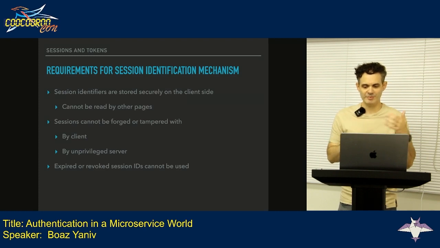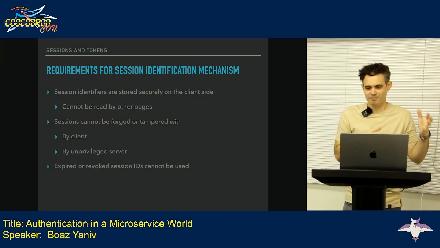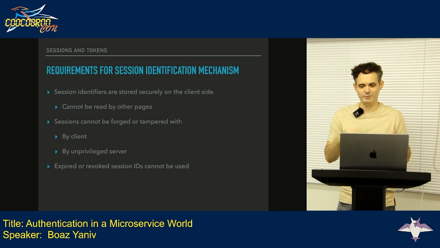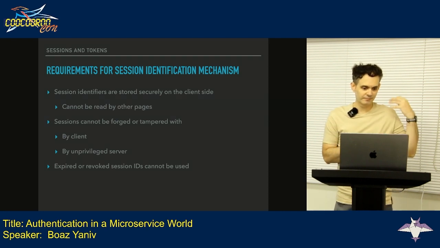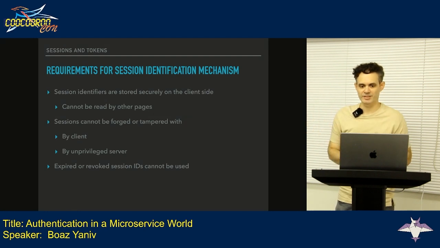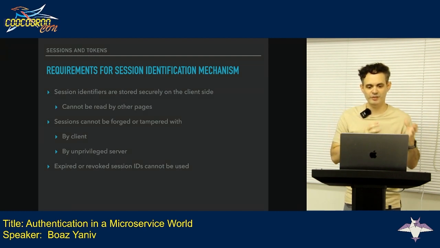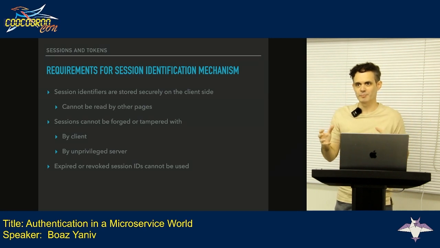The client must be able to store them securely, because these strings are usually secret, right? We don't want them to be stolen. And that means, for instance, that we cannot put these session IDs in URLs as people used to do in the past. And these session identifiers should also be something that you cannot forge or tamper with.